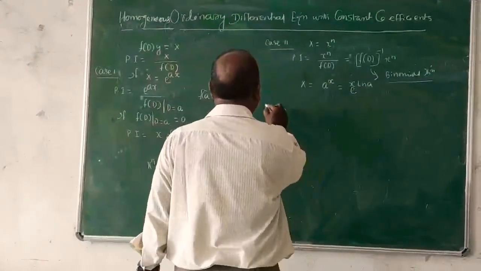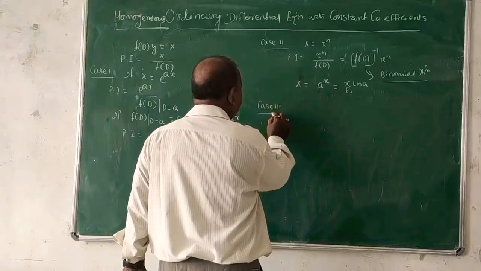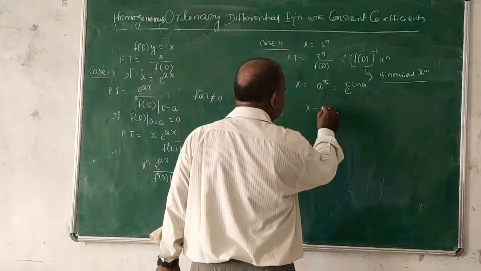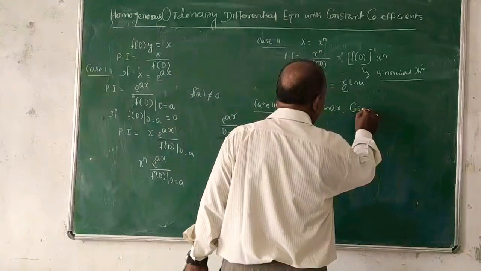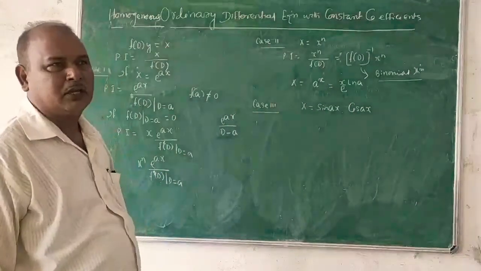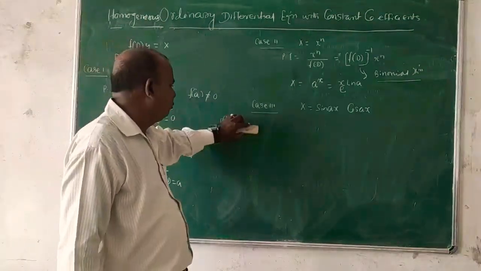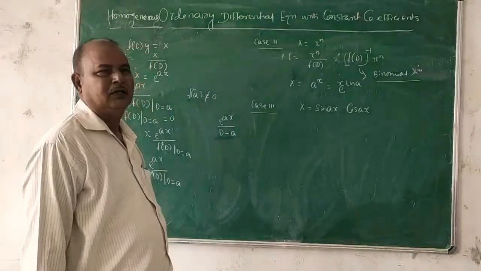Okay? Now you come to case number 3. If capital X is sin x or cos x, I am going to supply one formula which only holds good for sin x and cos x.